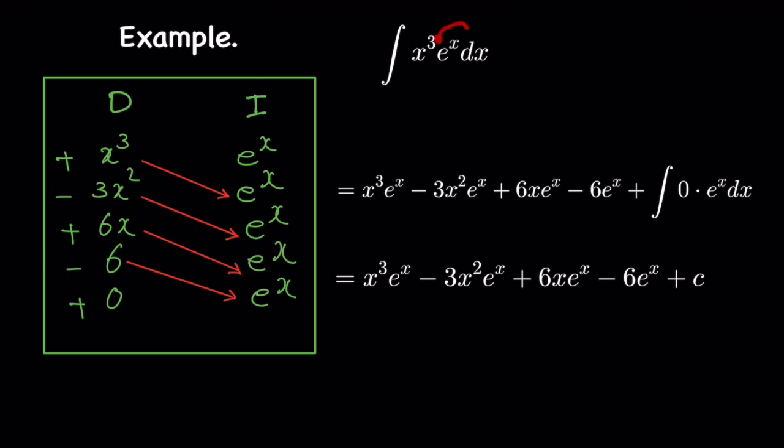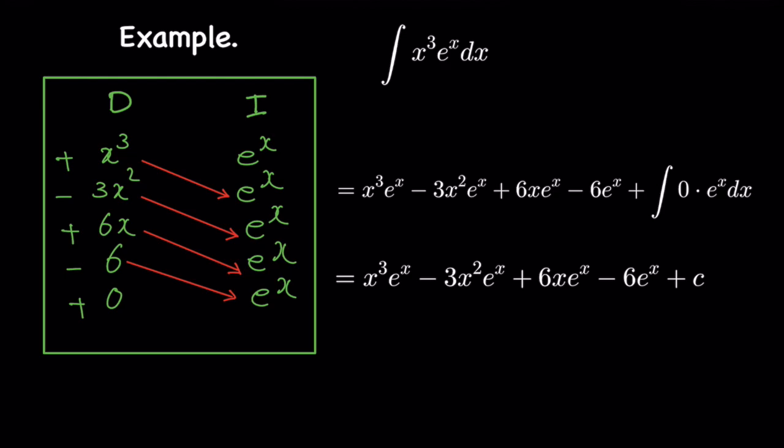And I'm going to choose e to the x to go to the integral column because every time that I integrate e to the x, it's going to stay e to the x. So it's not getting more difficult as I integrate it, and that's fine. So x cubed goes to the derivative column, e to the x goes to the integral column.